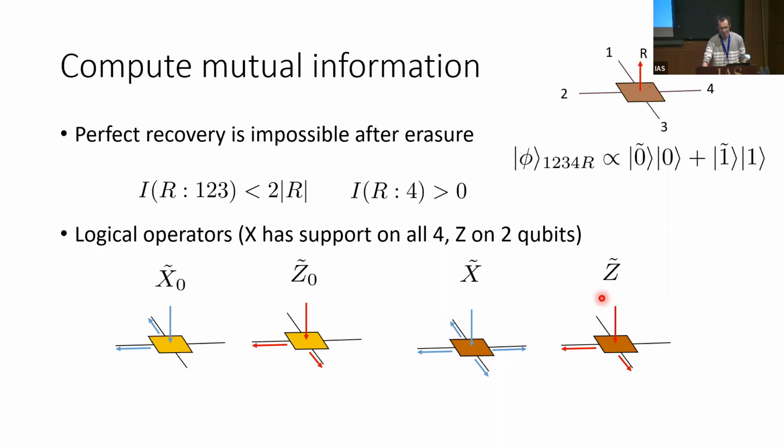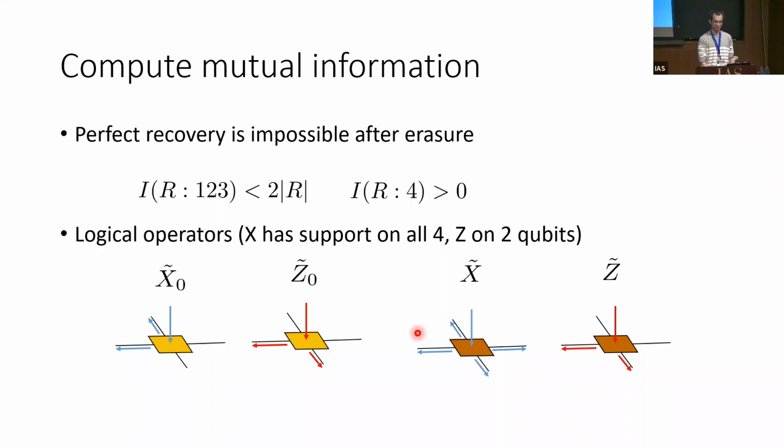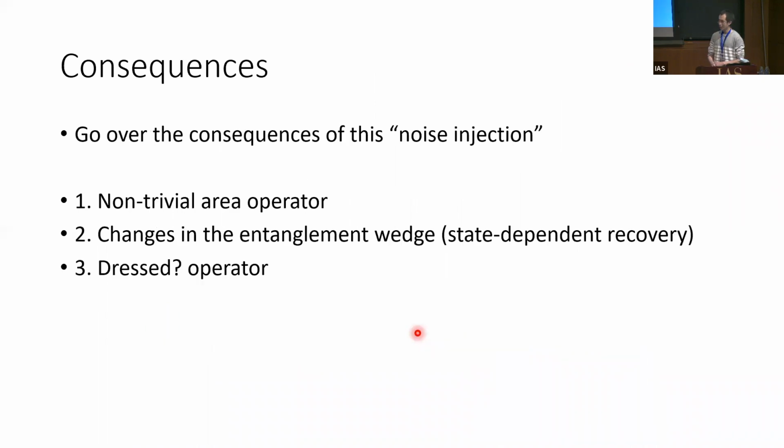However, now if you have an approximate erasure correction code, that's no longer possible for the logical X operator, and it now has support over all 4 qubits. So in principle, you can never reconstruct the X operator with perfect fidelity on the subregion on the boundary. And there are some immediate consequences of this noise injection. I'll go through them one by one, and in the meantime, I'll draw an analogy with holography by giving you pictures.